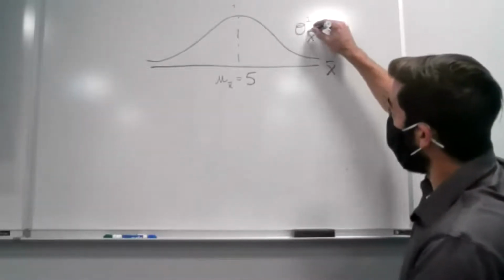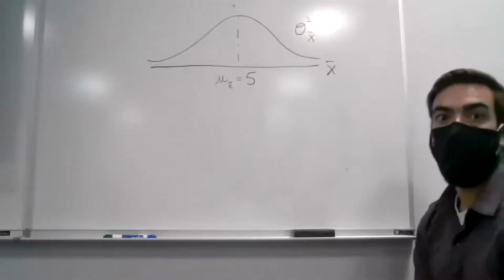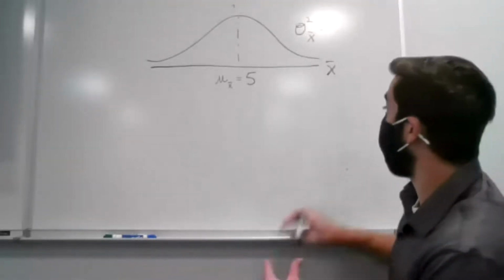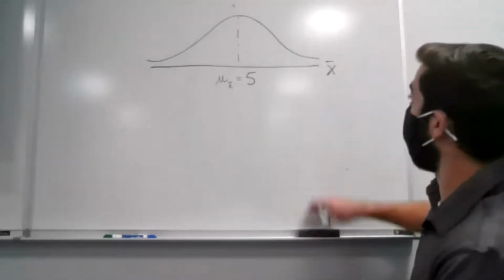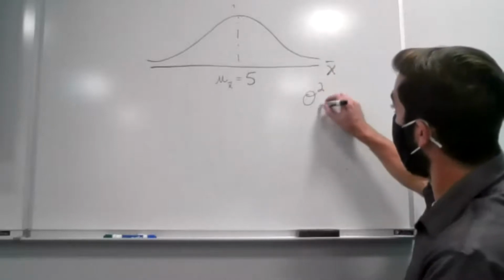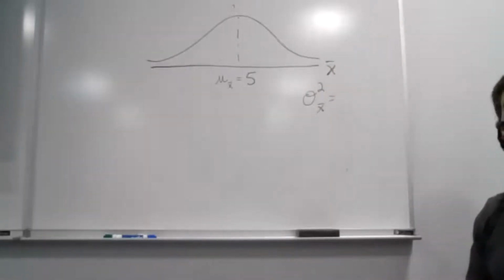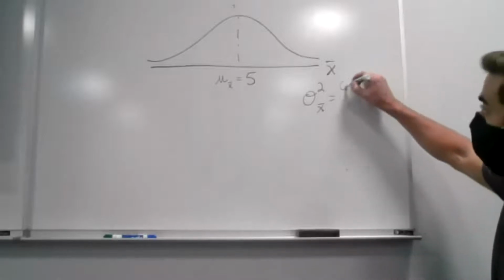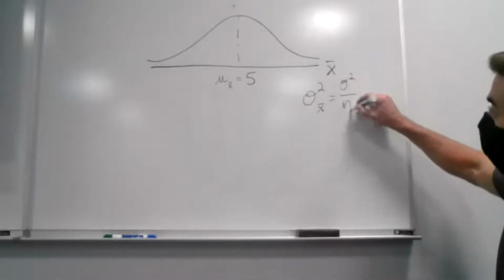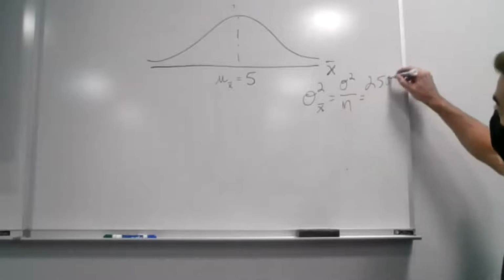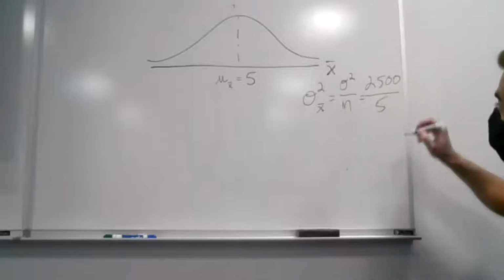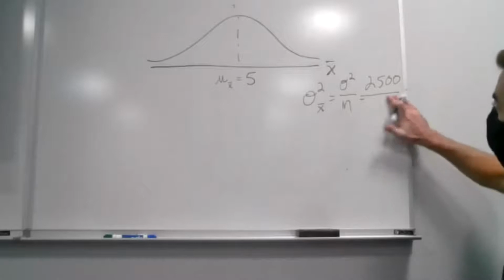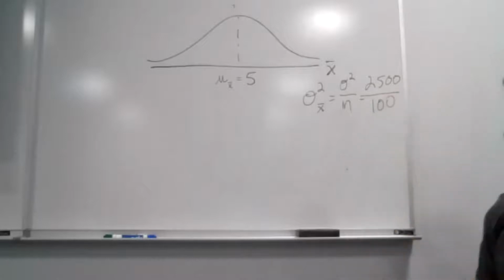Now the variance of my sample means, I'm going to write this down here for the video. The variance of my sample means, we said, was just the original population variance over my sample size, so 2,500 over 100, since my samples were size 100.